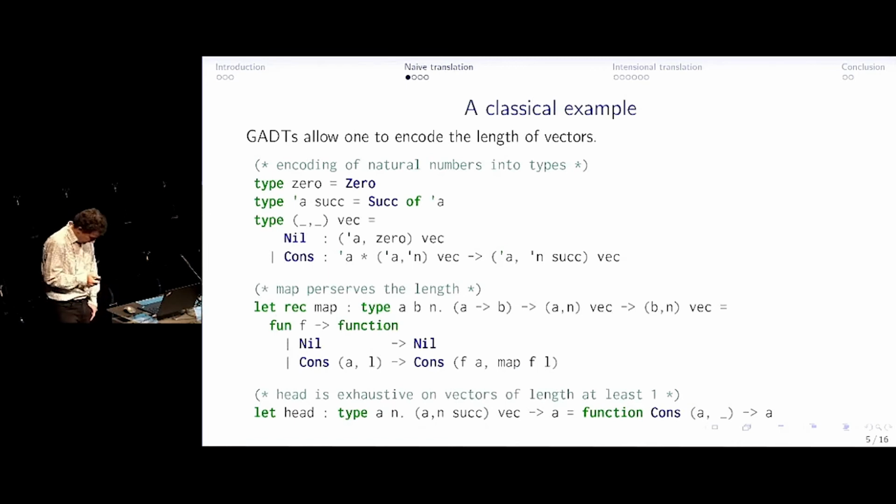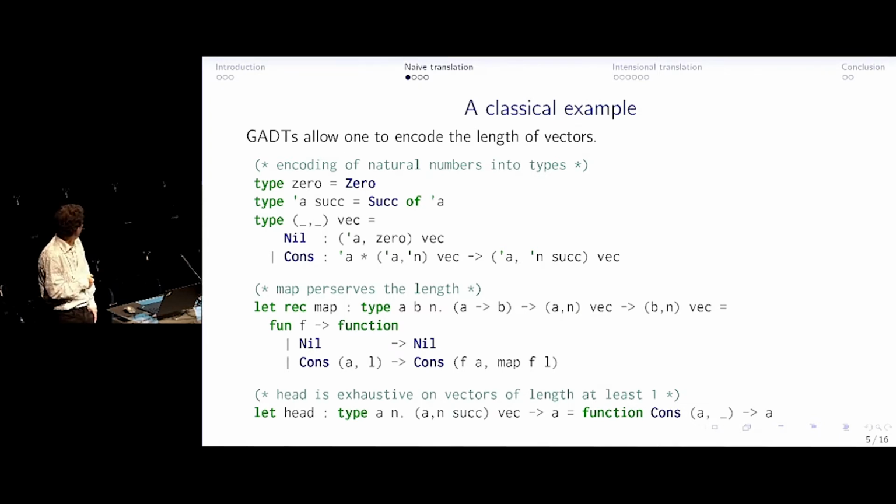Okay, so what kind of GADTs can we consider? Let's go for very classical examples that I think we've already seen somewhere at ICFP this year. So vectors: you have 0, successor, at the type level, and then nil. So you have vectors with fixed length. Nil has length 0, and cons has length suc of n.